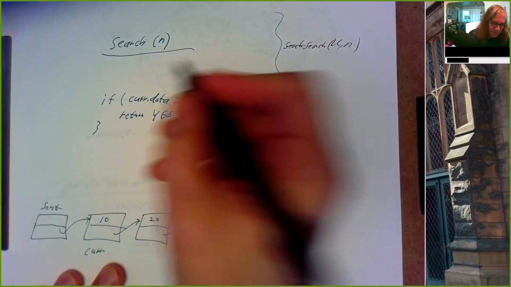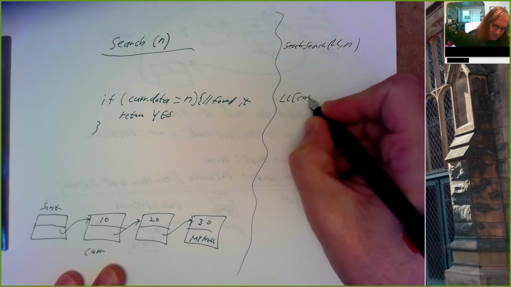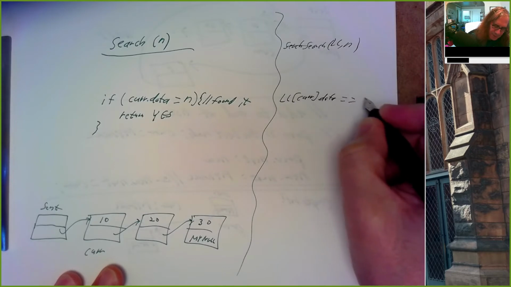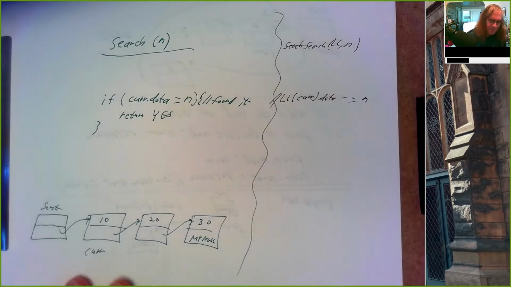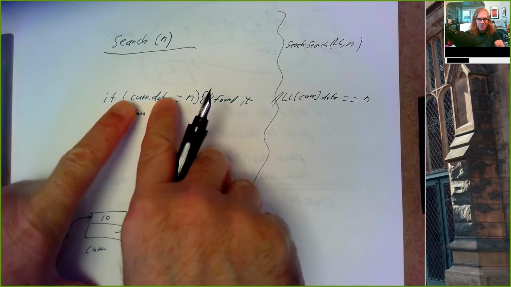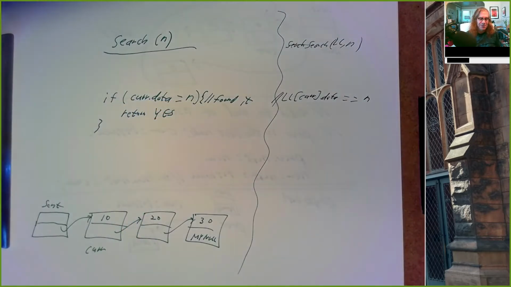And so instead of current data, I would say something like ll[current].data equals n. So that's a comment within a comment, right? But I'm going to use this notation, because I don't want to be thinking about C. I want to be thinking about the algorithm itself.